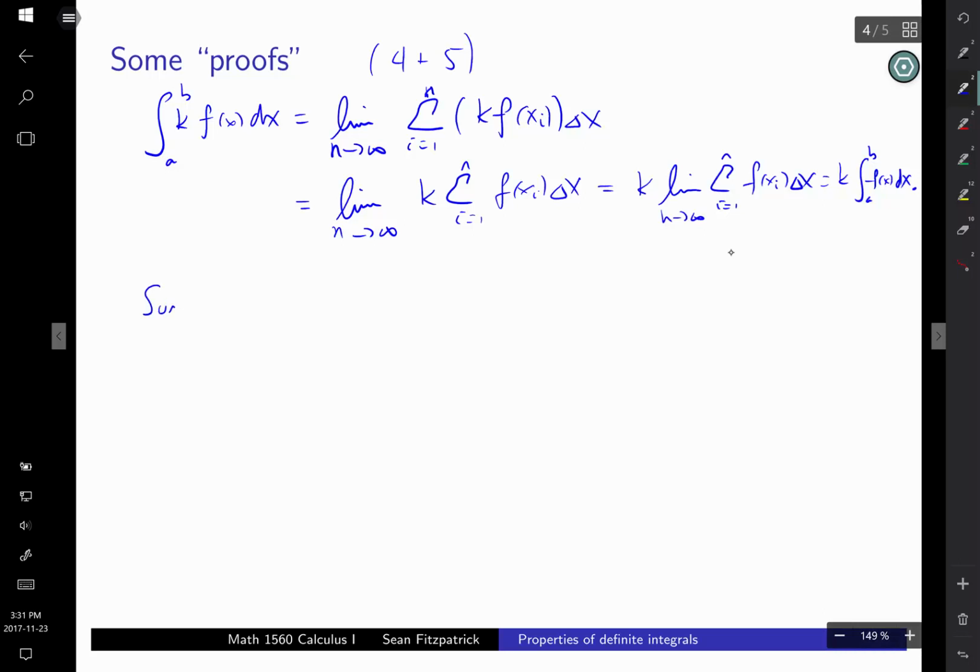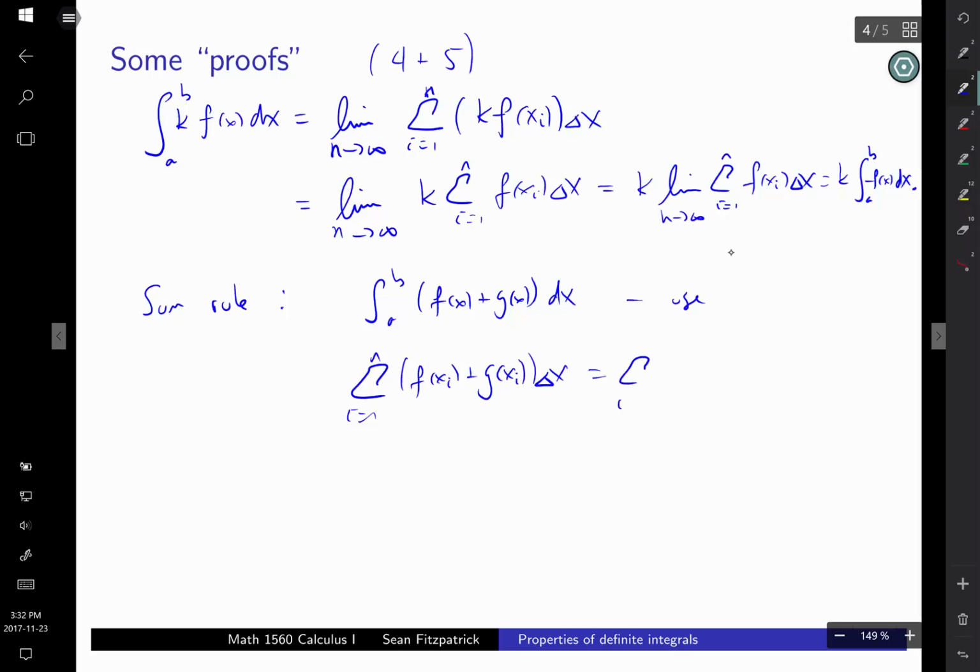And then a similar argument works for, for example, the sum rule. For the sum rule, when you're doing the integral of f plus g, you're going to use the sum, i going from 1 to n, of f of xi plus g of xi times delta x.